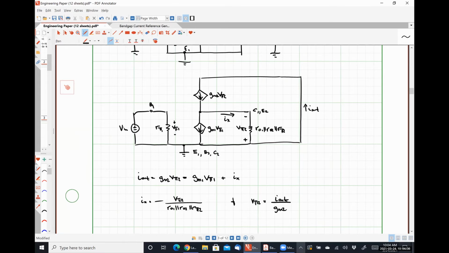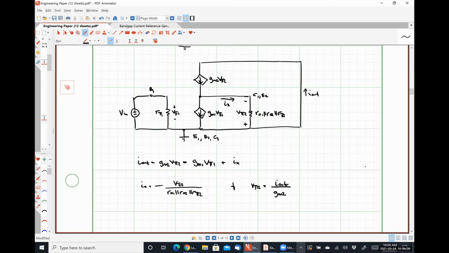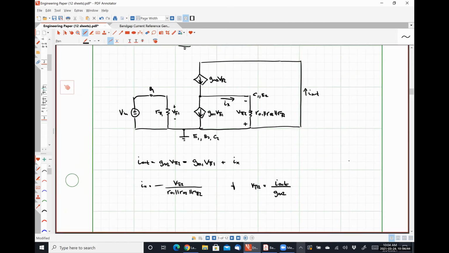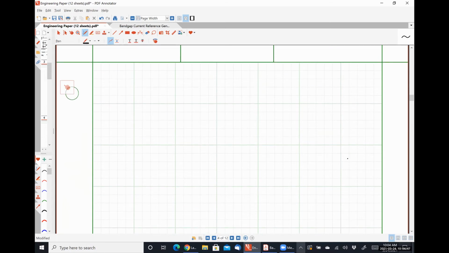If I make those two substitutions into my original equation, and I'm running out of room, so let me do it on this next page, I get that I out is equal to gm1 Vin minus I out divided by gm2 times r o1 in parallel with r o2 in parallel with r pi 2.